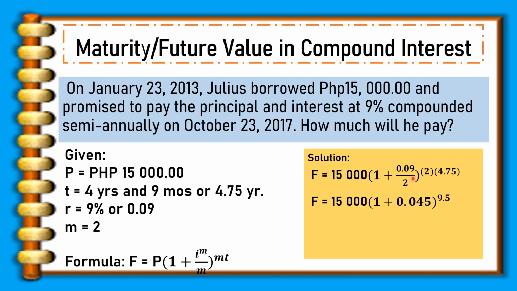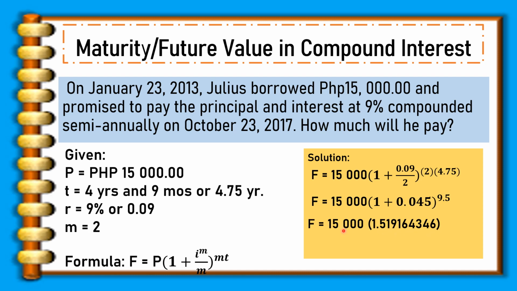Next, 0.09 over 2 is 0.045 plus 1 raised to 9.5. 9.5 came from multiplying 2 by 4.75, and 1 plus 0.045 raised to 9.5 is 1.519164346.